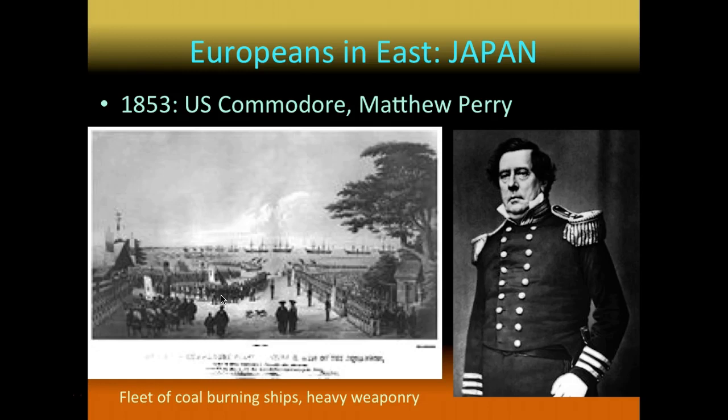Perry opened trade with Japan for Western influence with this big fleet of ships with heavy weaponry. The Industrial Revolution did well for Westerners, and he and his men were hated by the Japanese for forcing Japan to open its isolationist borders.